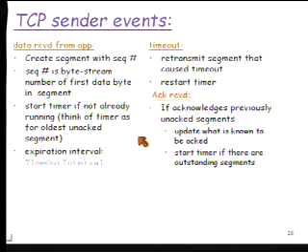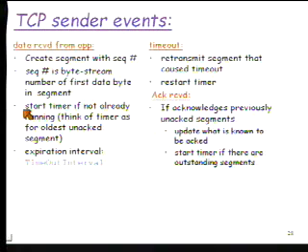Those are the only three events that can happen. So if you receive data from the application layer, you're going to create a segment with the right sequence number. We already saw what the sequence number looks like. It's the first data byte in the segment.